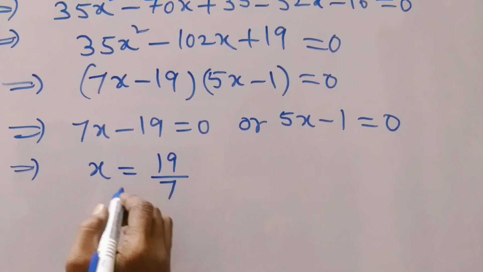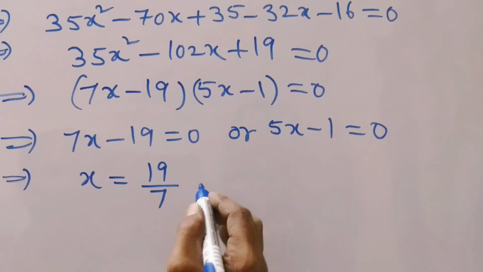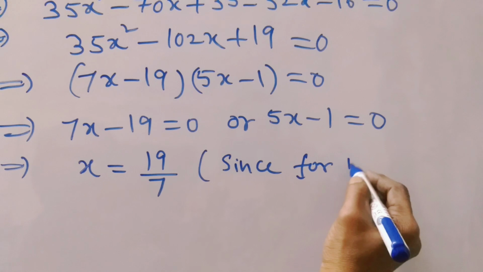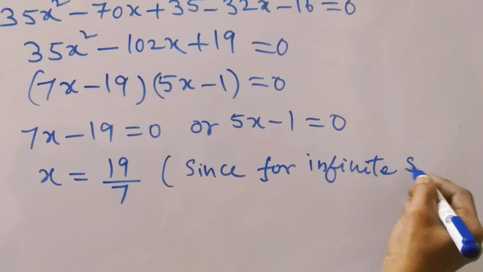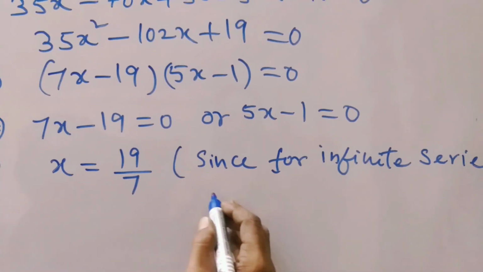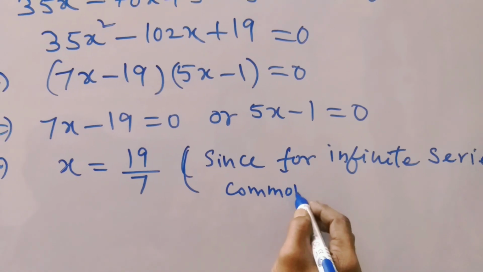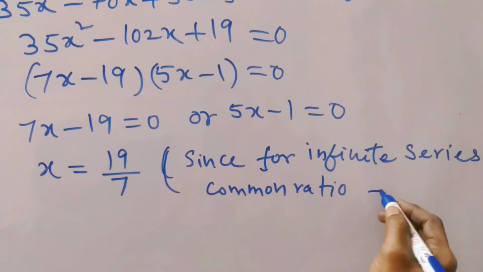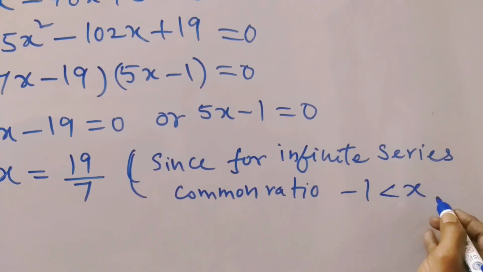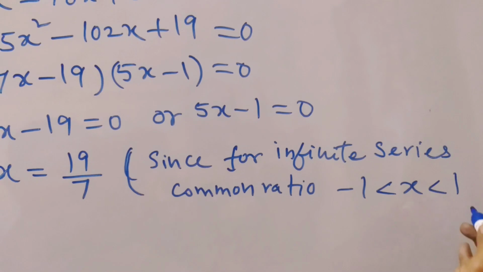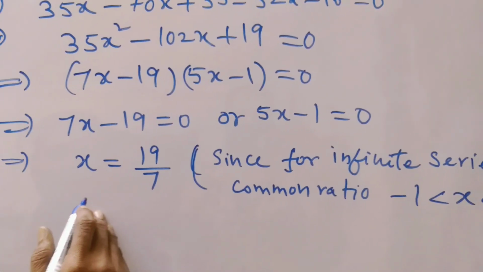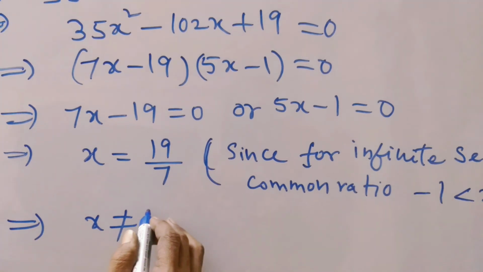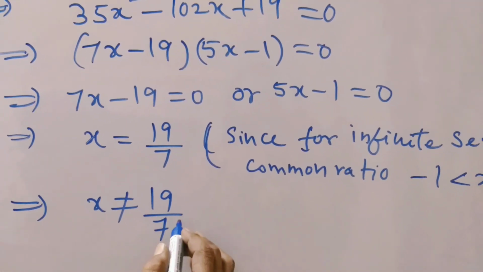Since for an infinite series the common ratio lies between minus 1 is less than x is less than 1, according to this x is not equal to 19 by 7, which is not possible.